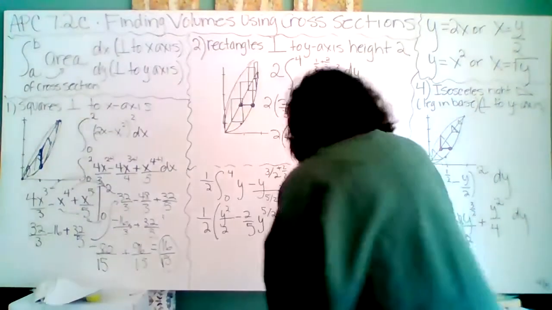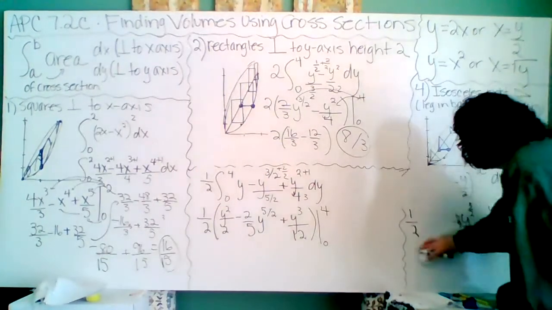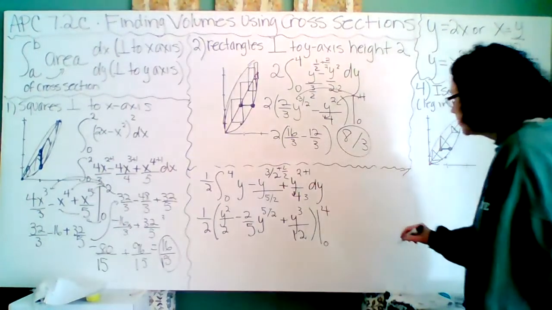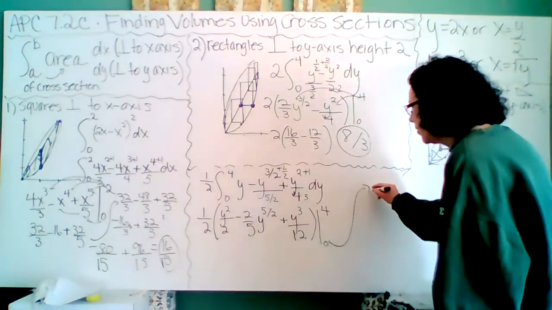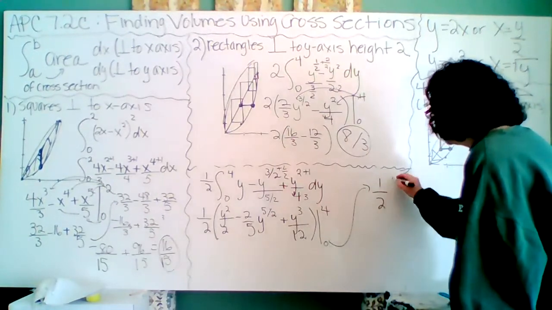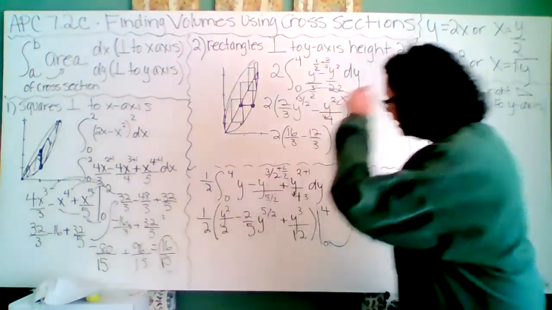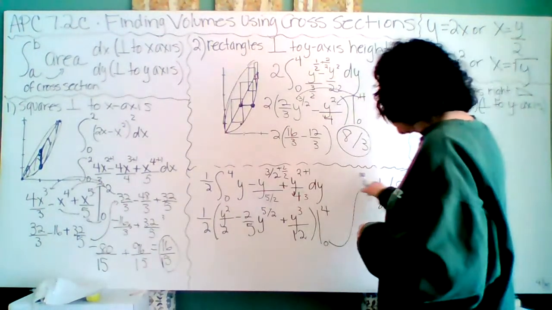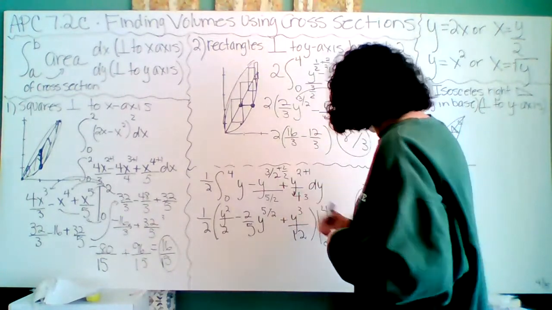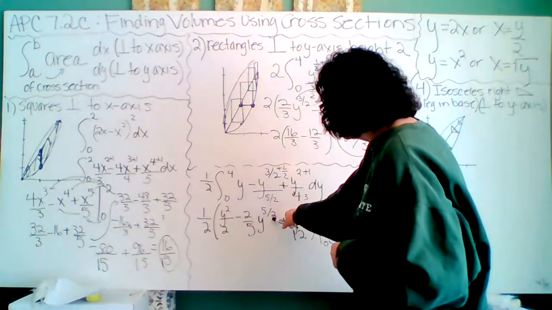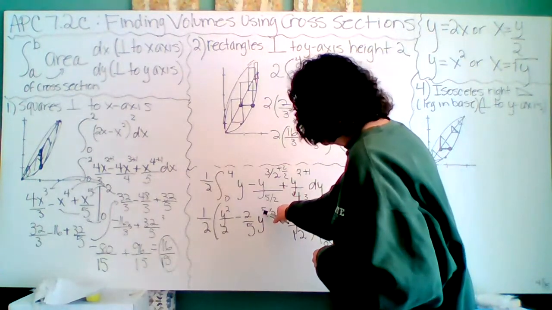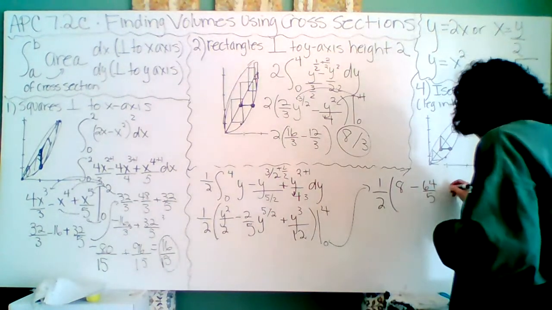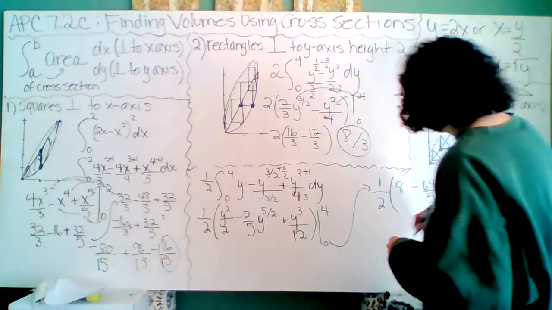All right, I'm going to come on up over here, and do my F of B. Luckily, I don't have to do my F of A because it's 0. So 1/2, when I put a 4 in, that is 8 minus, when I put in a 4 here, the square root of 4 is 2. 2 to the 5th is 32, times 2 is 64/5, plus 4 cubed is 64/12.